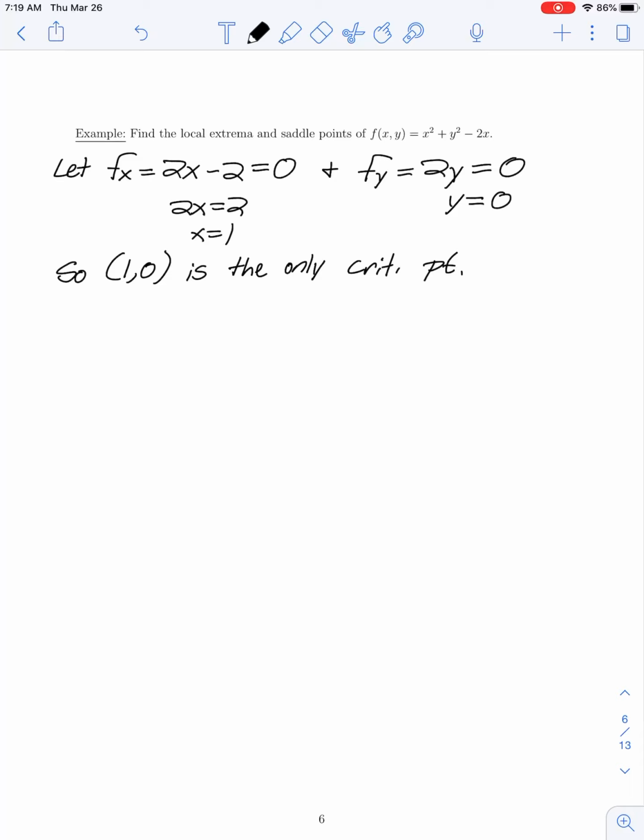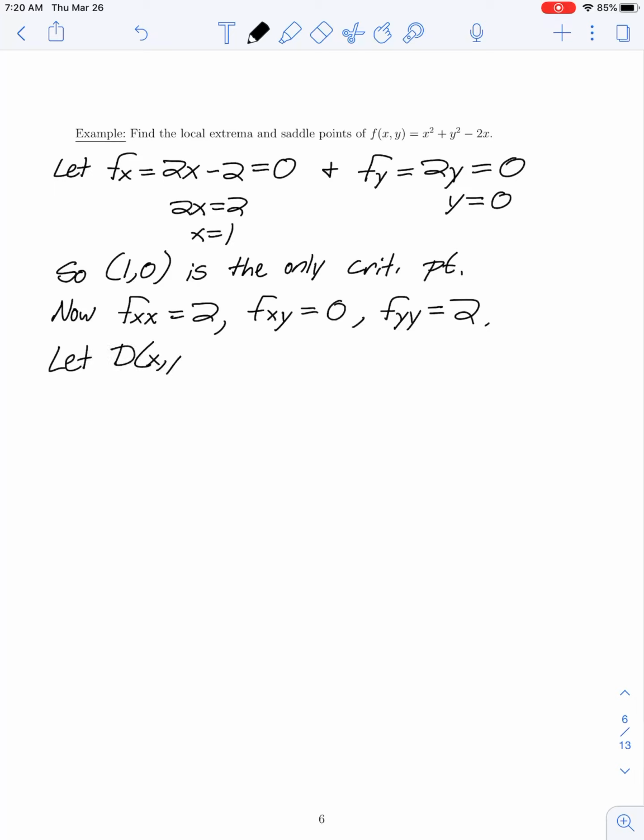Now, we're interested in whether our function has a local maximum, a local minimum, or neither at this point. So we need to make use of the second partials test. We're going to look at the discriminant for this function. Now, to find our discriminant, we need the second order partial derivatives. That is f sub xx, which is 2, f sub xy, which would be 0, and f sub yy, which is 2.